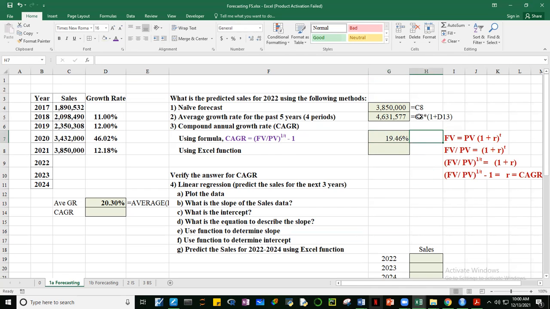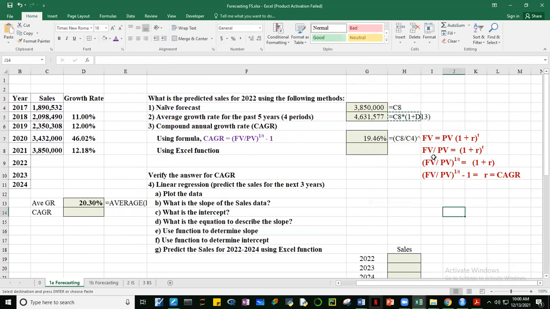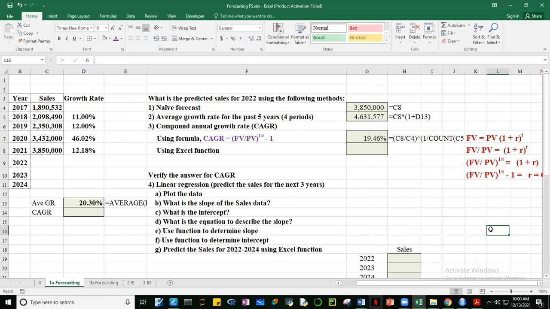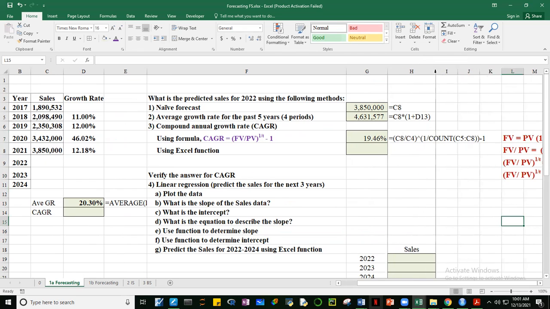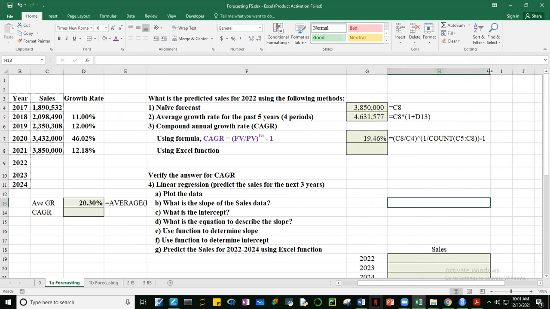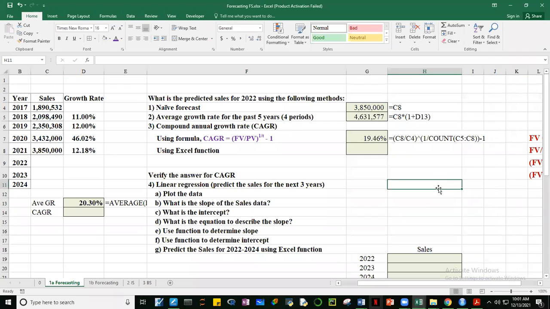So this is our 19.46. Of course, we can use the Excel function, guys. Sige nga, gamitin nyo nga yung anong function lang sa Excel natin. Anong gagamitin natin?